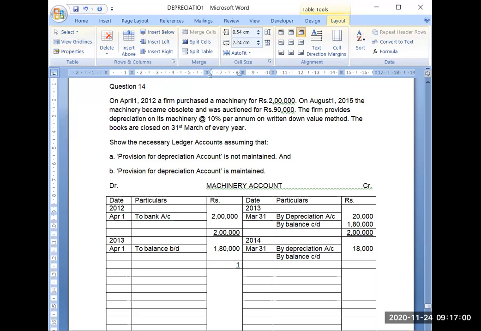So the total will be 1,80,000. And the balance will be 1,62,000.